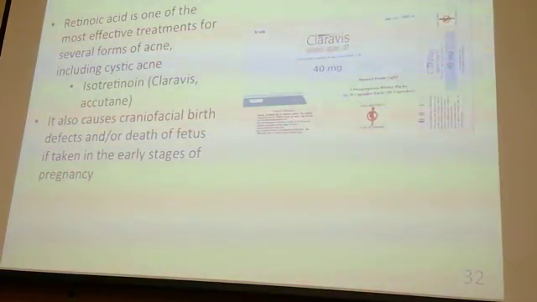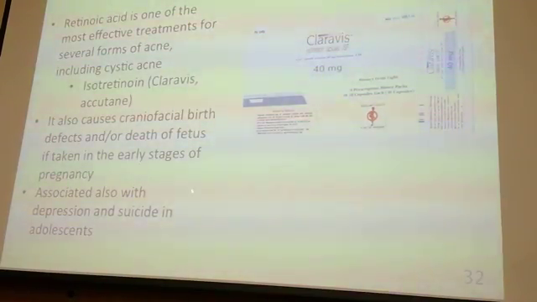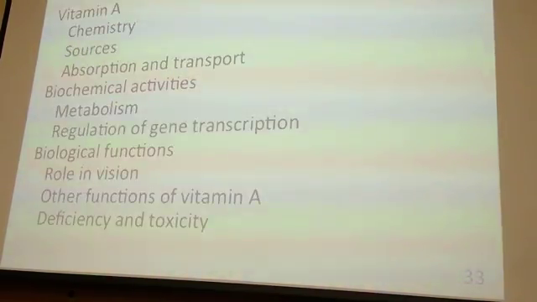Not much of it gets into the systemic circulation. It's also been associated, and this isn't as well understood, with depression and suicide in adolescents. So it has a lot of potential side effects. But the most serious, I would say, is these. Well, they're both serious side effects. So these are pretty devastating.